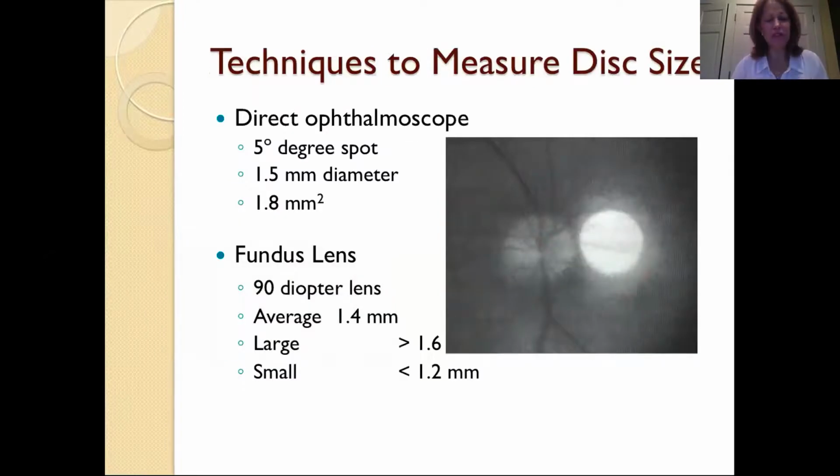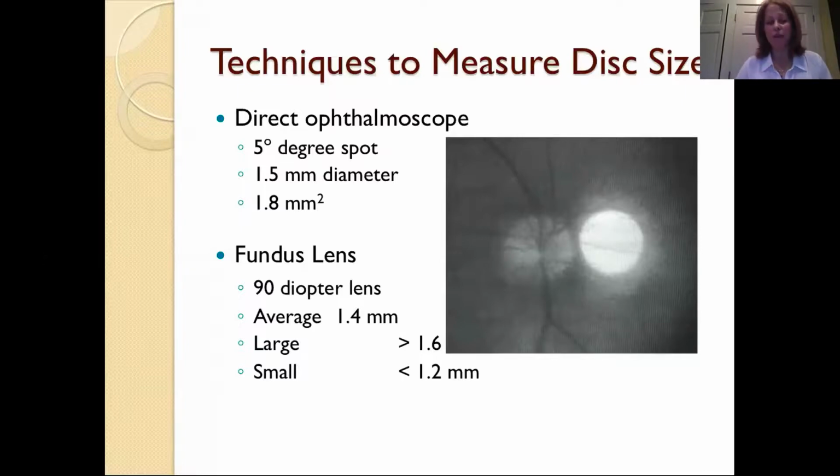Well, how do you measure the optic disc? Well, if you have an OCT machine, it prints it right on there for you. But in the office with the patient, the easiest way is to use your direct ophthalmoscope. Most ophthalmoscopes have a 5-degree spot. In the newer Welch Allyn ophthalmoscopes, it's the middle-sized spot.